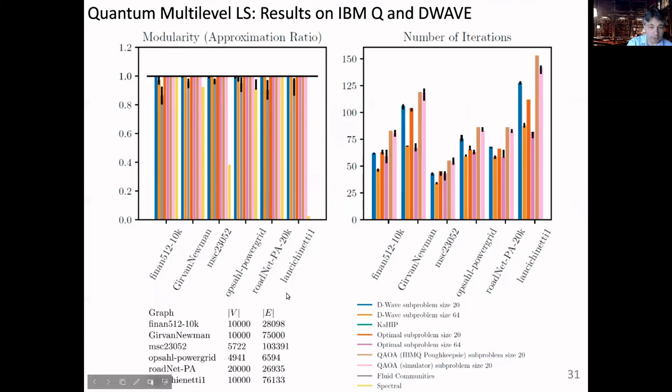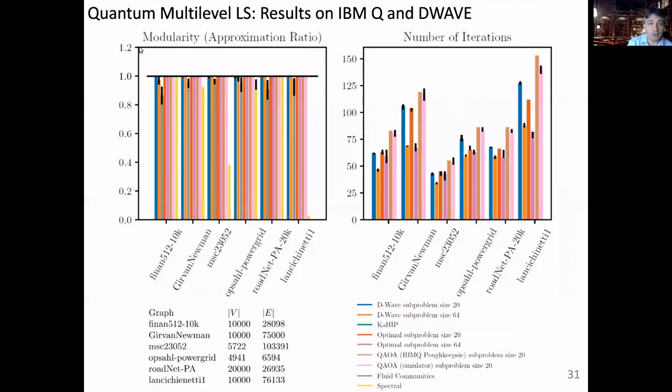Now, first of all, the graphs that we solve with this approach are relatively large. Of course, classical multi-level algorithms are able to solve graphs with billions of nodes, right? But current calls for quantum devices are limited, right? So these are the sizes of a graph that are already relatively large for being more or less interesting.